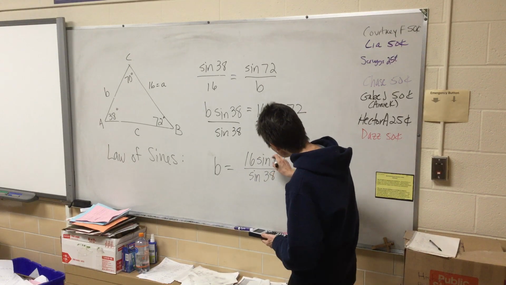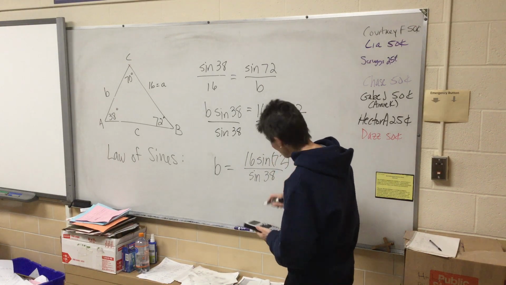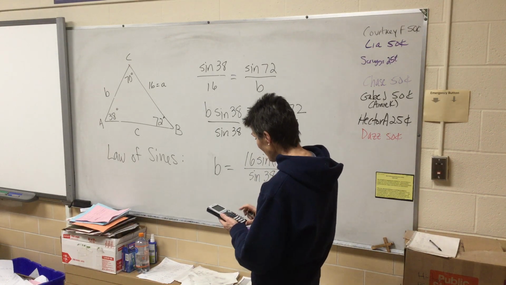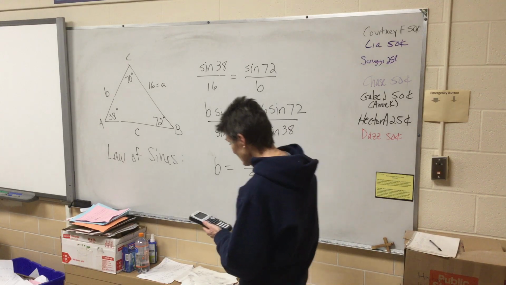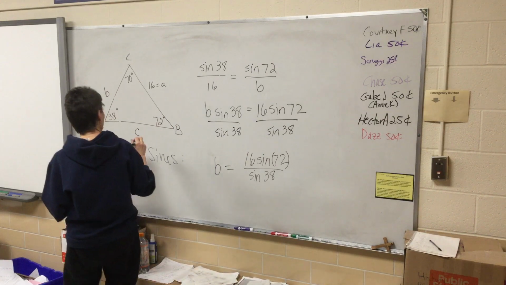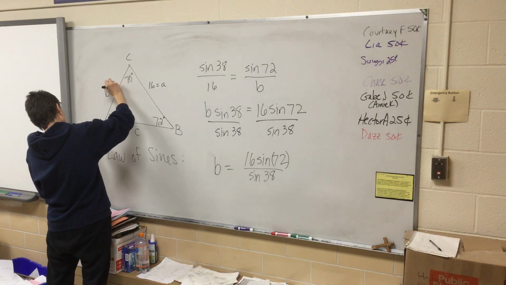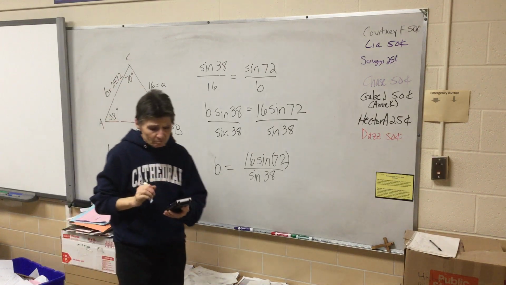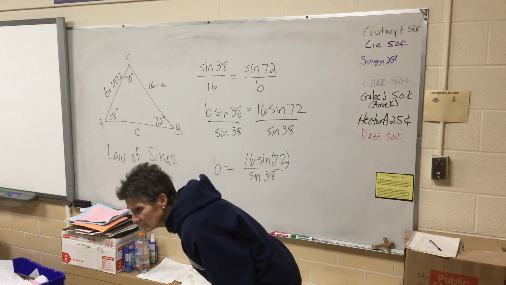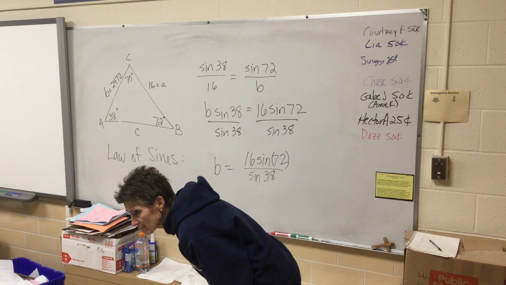Now remember, when you hit sine, you get parentheses. Make sure you close those. Divided by sine 38. And I got, for side B, 24.72. Anybody else get that? Okay.